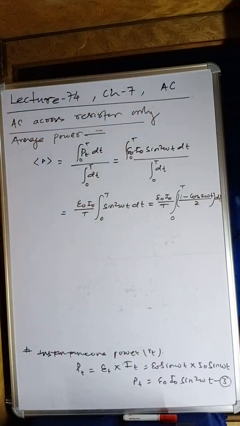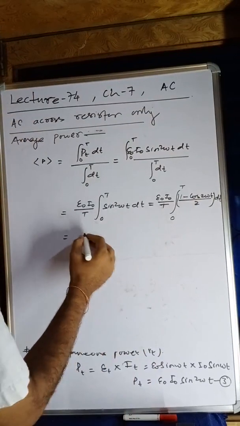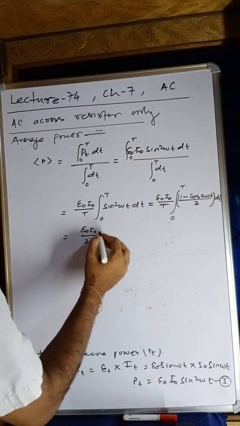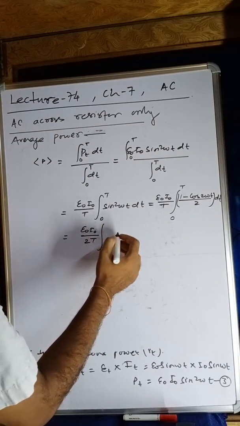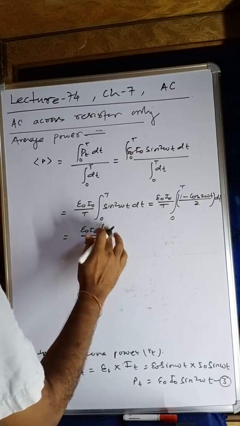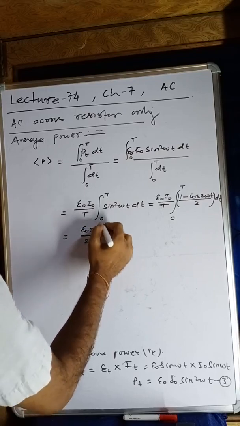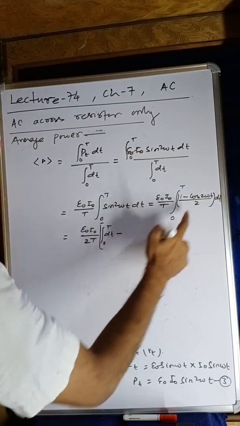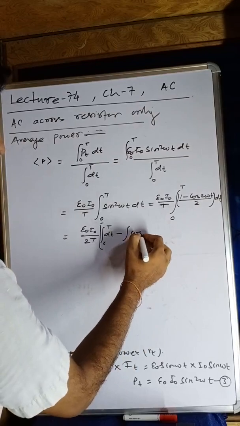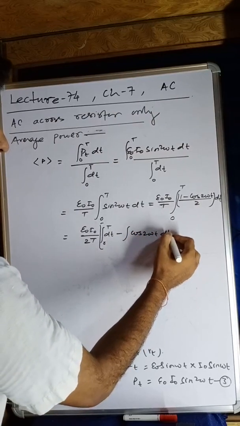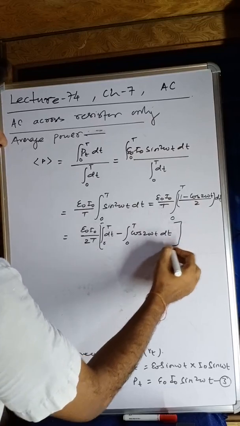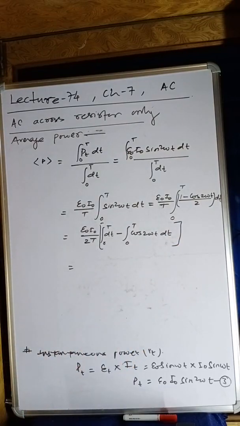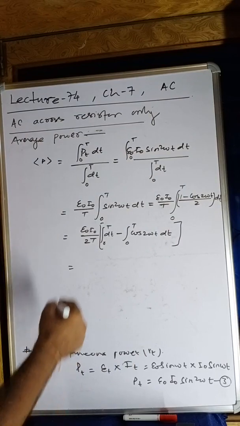I hope you remember. Here 2 will come out, so E naught I naught by 2T times the integral of dt from 0 to T minus the integral of cos 2 omega t dt from 0 to T. Am I right? Now do the integration.